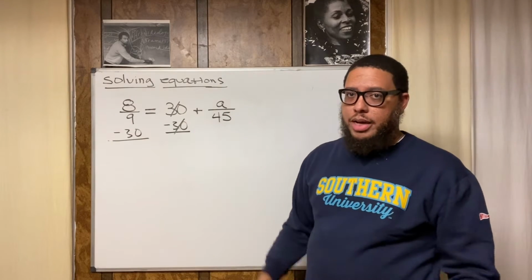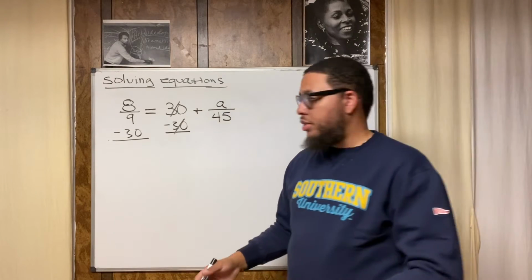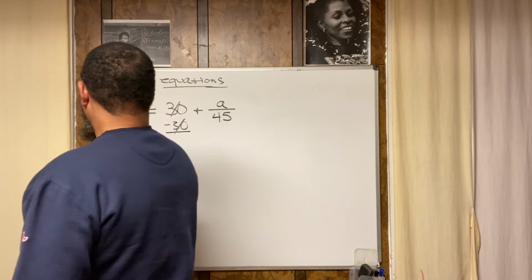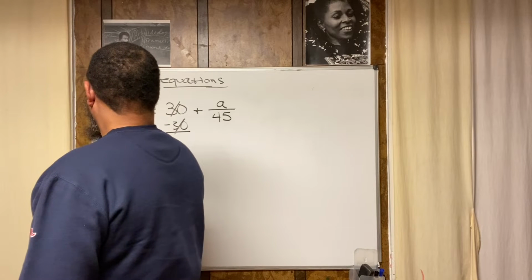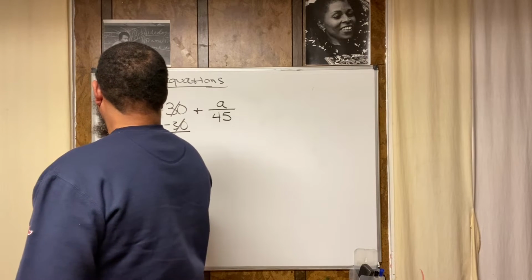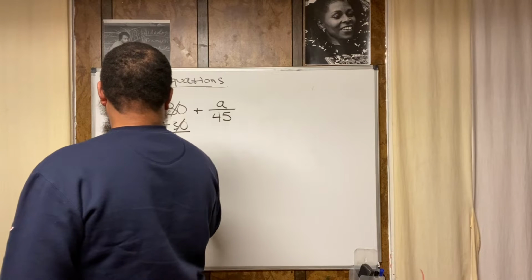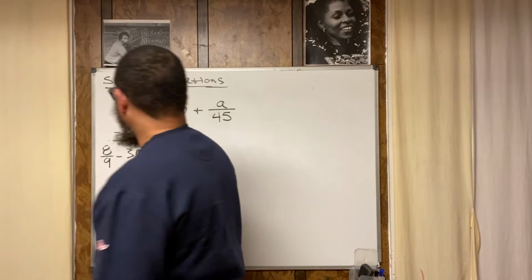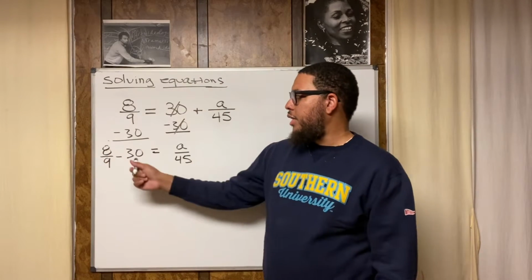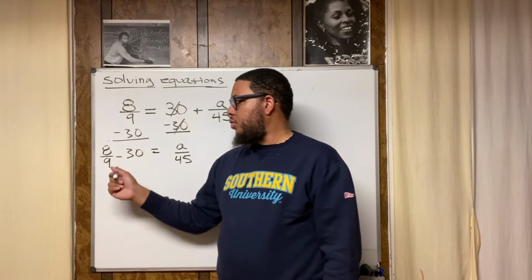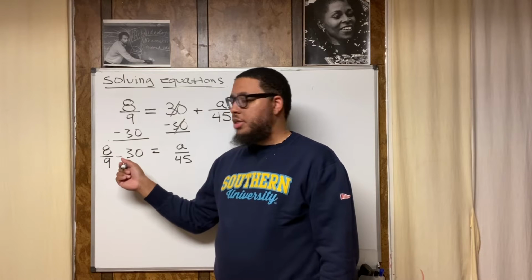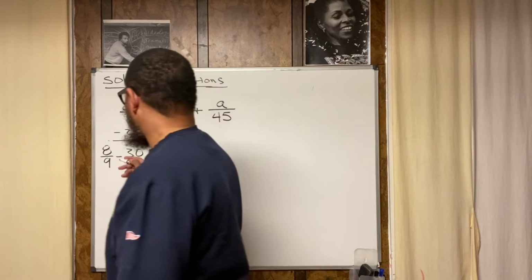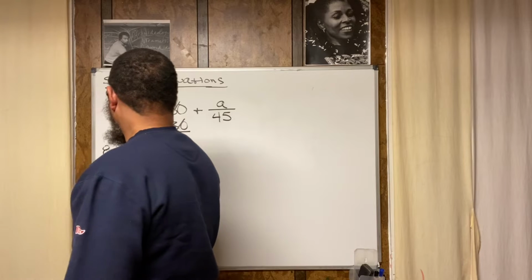Now I got 8/9 minus 30. So I got a fraction and I got an integer, right? I'm going to rewrite it horizontally: 8/9 minus 30 is equal to a over 45. Now I need to find an LCD between 9 and 1, because the denominator under 30 is going to be 1, right?